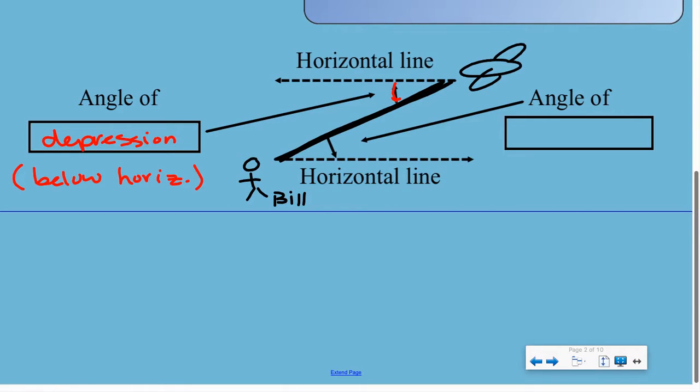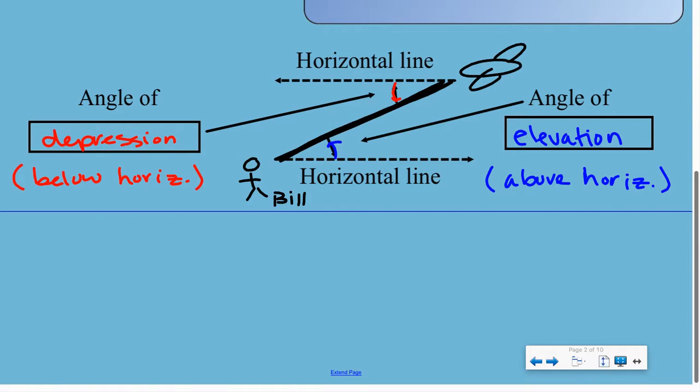The other angle here is formed by the line of sight and the bottom horizontal line. Is this angle above the bottom horizontal line or below it? Above. So if you have an angle above a horizontal line, then it's called an angle of elevation. And that's because it's above the horizontal line.